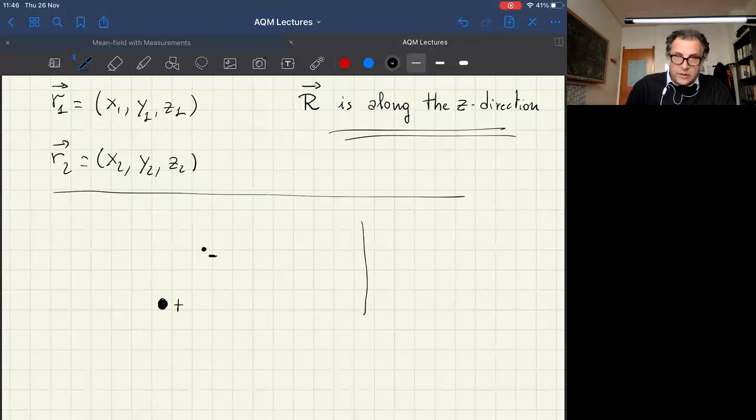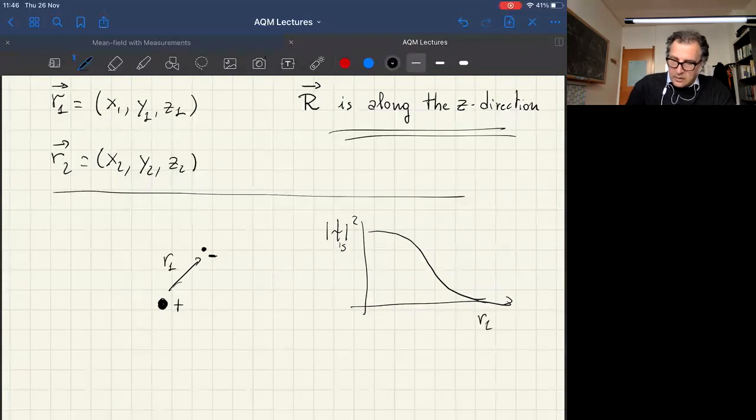Suppose that we are in a 1s orbital. So in 1s, the wave function will do like this. The probability to find the electron as a function of the distance, so this is R1, for example, will rapidly decay to 0. Yes or no? Yes. Okay.